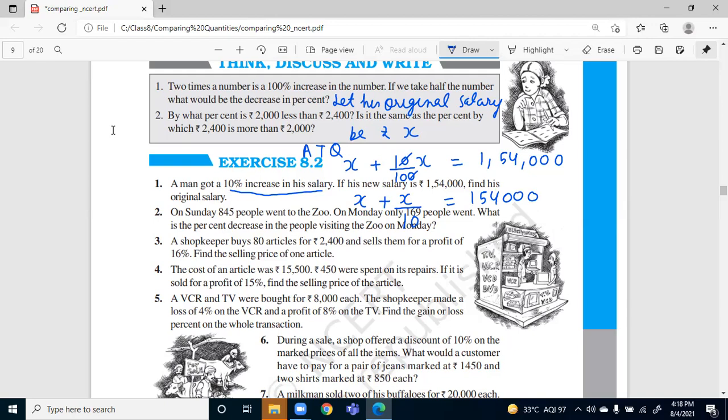So in X plus X by 10, I can take LCM as 10. Then this 10 will get multiplied to X. So it is giving me 10X plus X, that is equal to 154,000. 10X plus X is 11X.